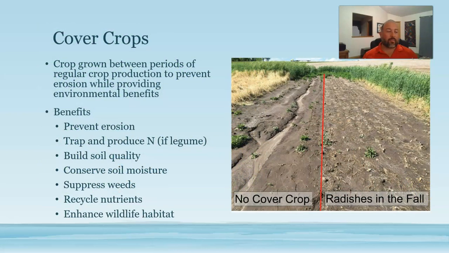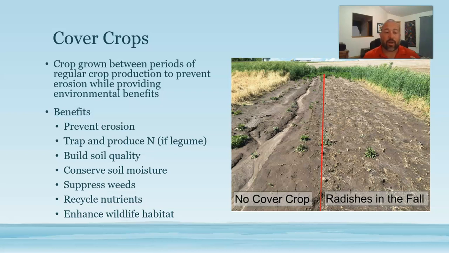And then just the idea of using cover crops. If you're not familiar with the idea of cover crops, that's a crop grown between periods of regular crop production to prevent erosion while providing environmental benefits. Like what? It's going to prevent erosion. If you use legumes, you're going to trap and produce nitrogen. You're going to build soil quality just because you're adding more organic matter into the soil, more plant roots, all that sort of stuff.